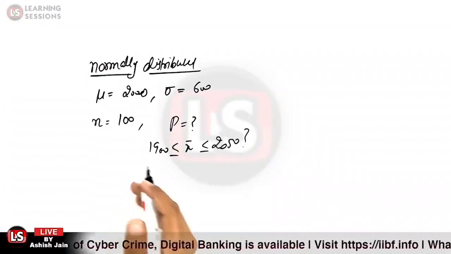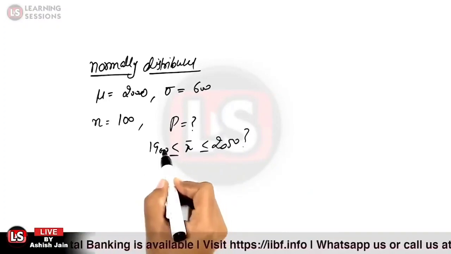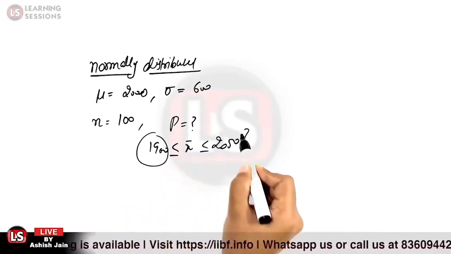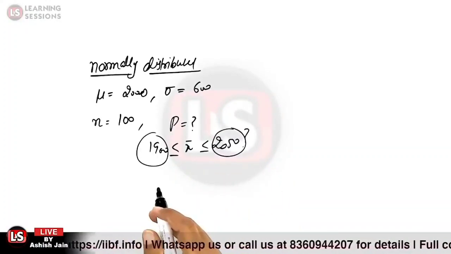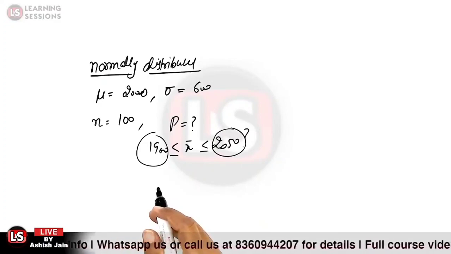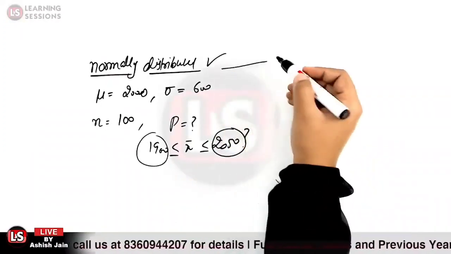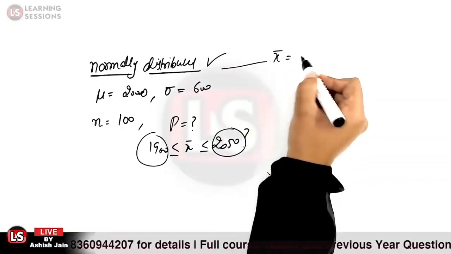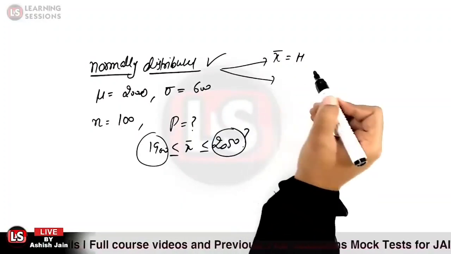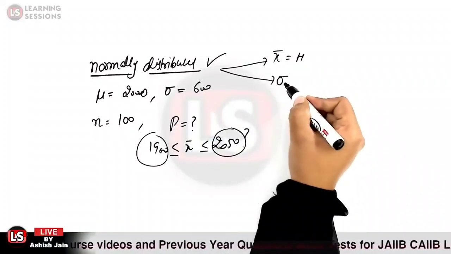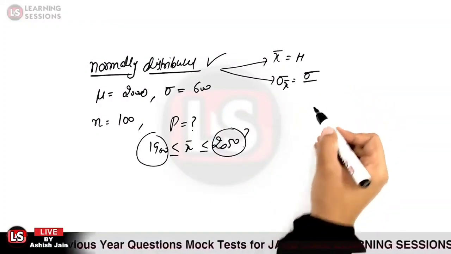First of all, we need to calculate the z values for x bar equal to 1900 and x bar equal to 2050. First, we need to calculate sigma x bar. If the population is normally distributed, it indicates that the mean of x bar is equal to mu, and sigma x bar is equal to sigma divided by the square root of n.